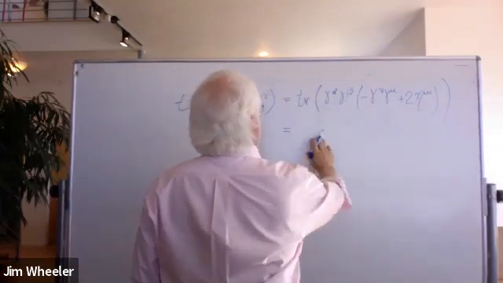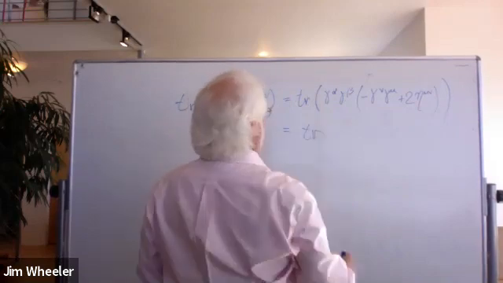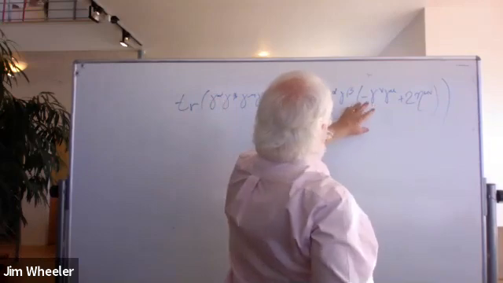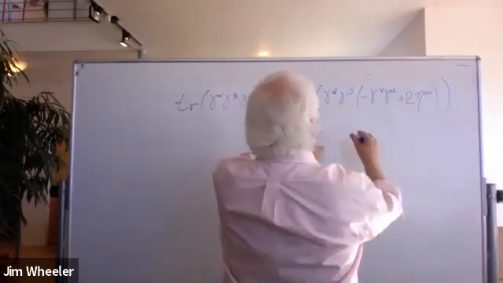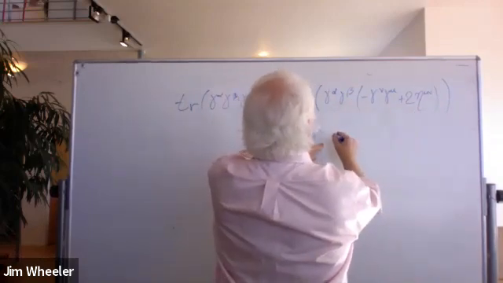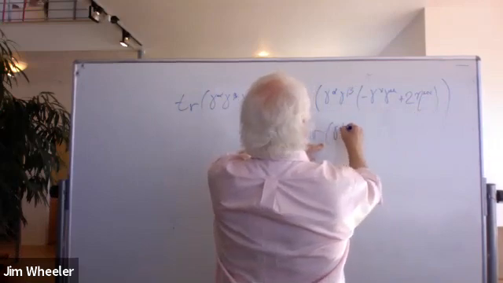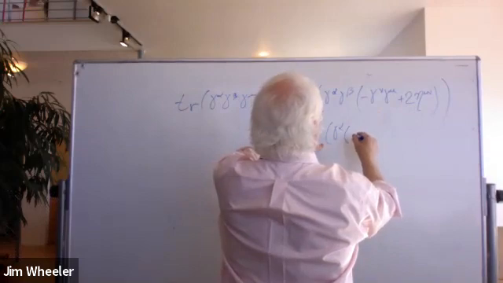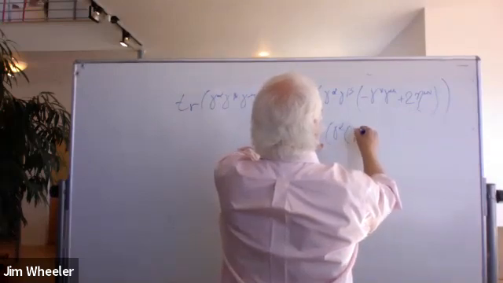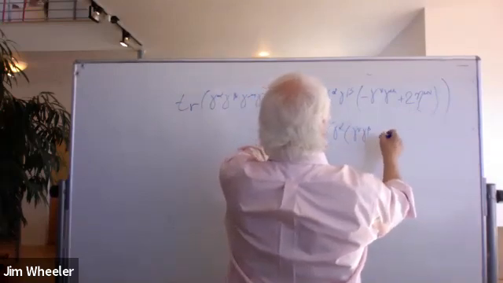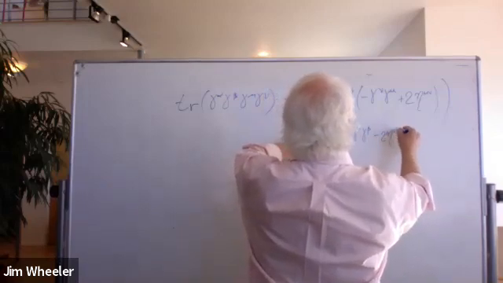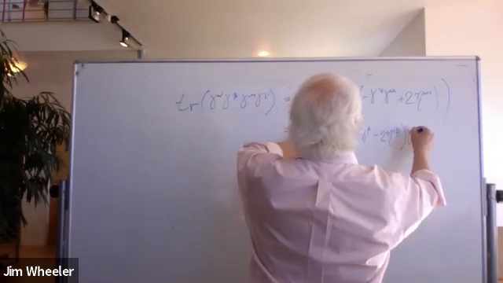So now this is the trace of, all right, I'm bringing gamma nu through. So I get 2 things here, right? I have gamma alpha. Now I'm going to flip these next 2. So I'll end up with plus gamma nu, gamma beta, minus 2 eta nu beta, and then that gamma mu.